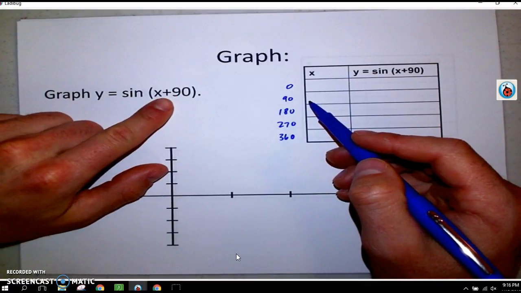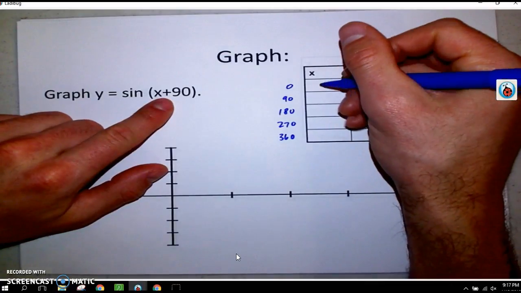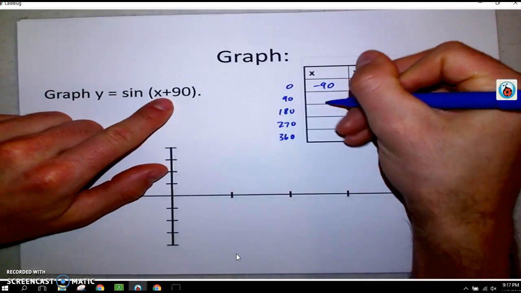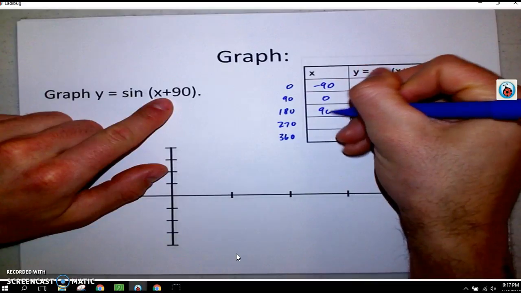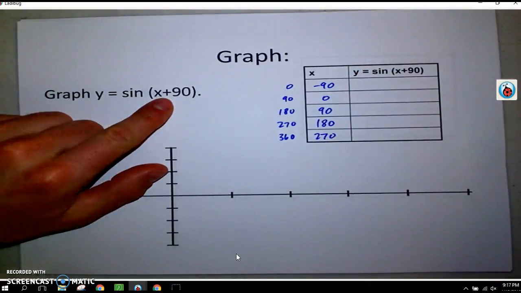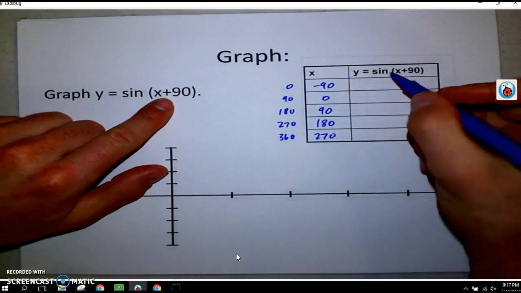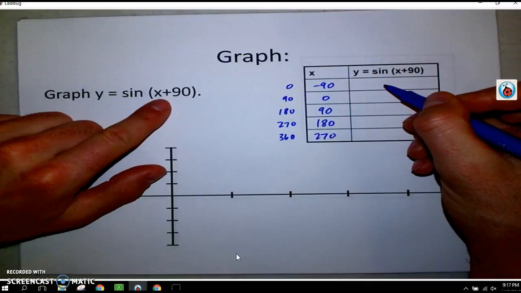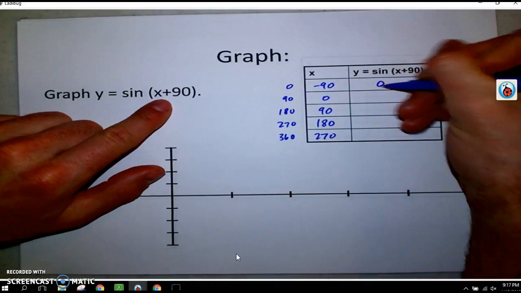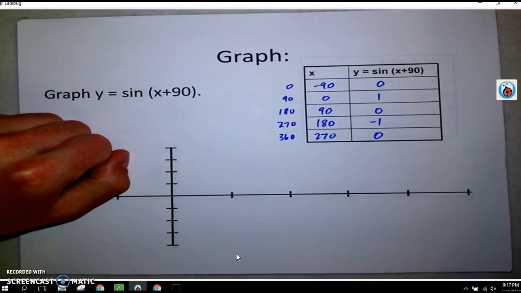So what I'm actually going to plug in here is x values of negative 90, 0, and then keep going from there. Now, by shifting all of those values to the left 90 degrees, all of my y values will stay exactly the same. So sine starts at 0, goes to 1, 0, negative 1, and then to 0.